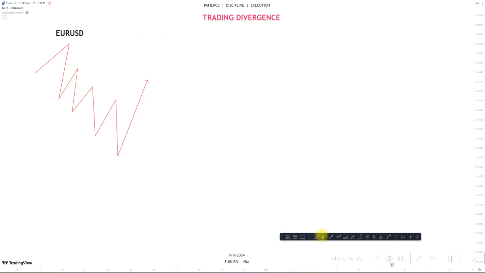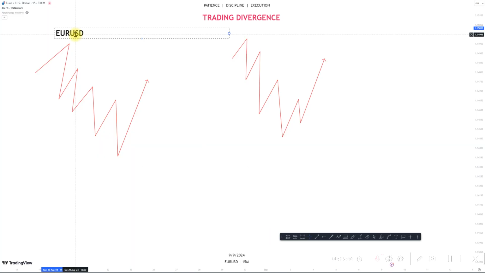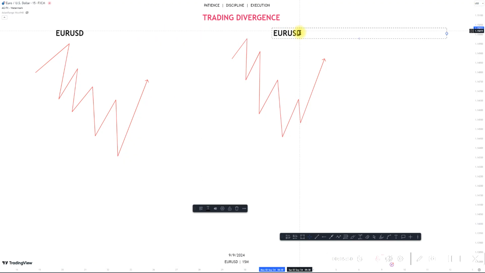Then let's have another one here. So this is another chart. Now, when you look at those two, let's call this GBP USD.